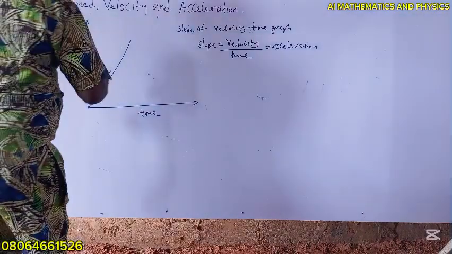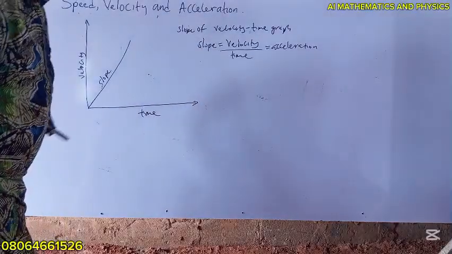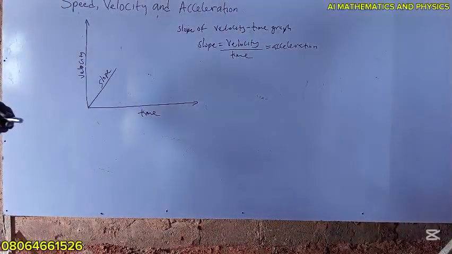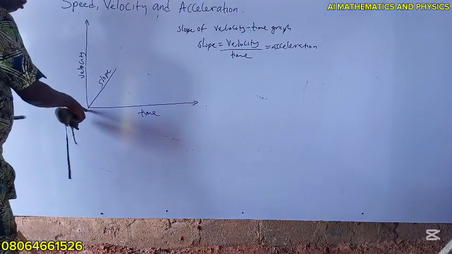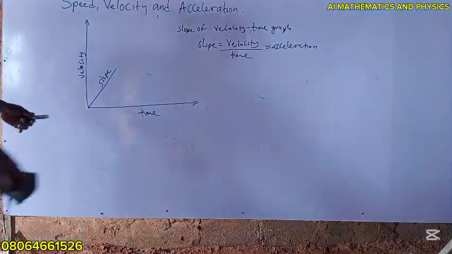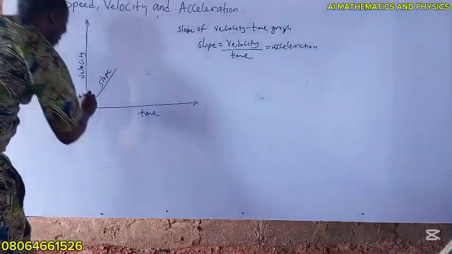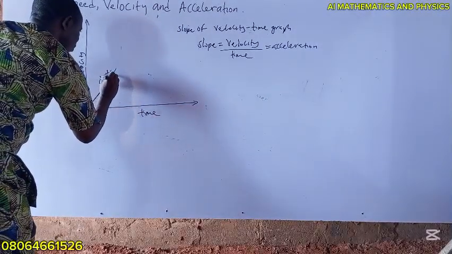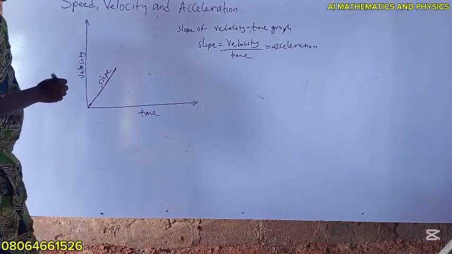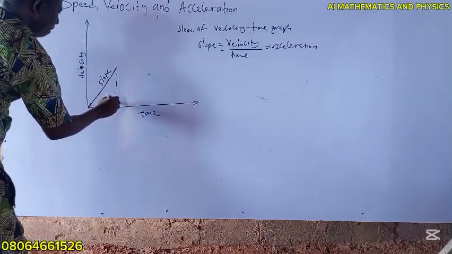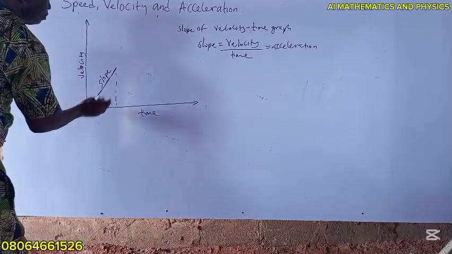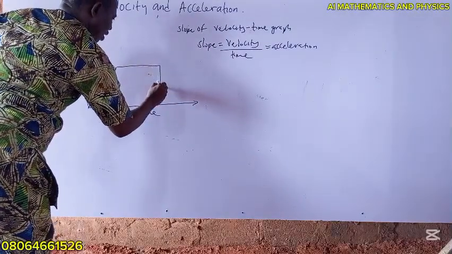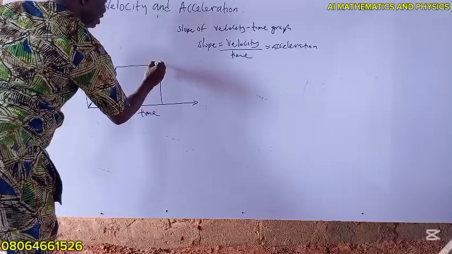Then in a question, we can have, let's say, a body starts from rest. If a body starts from rest, it means that it starts from the origin. And it accelerates to a certain velocity, and this will be time. Let's say we have constant velocity here, and it then decelerates.